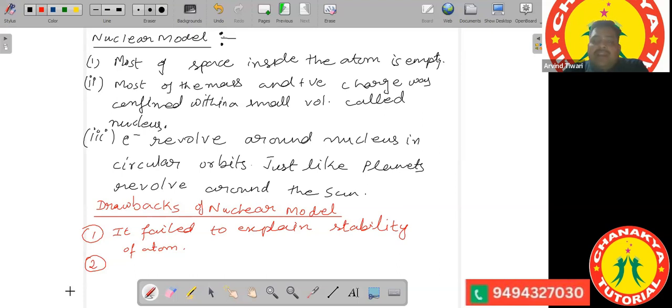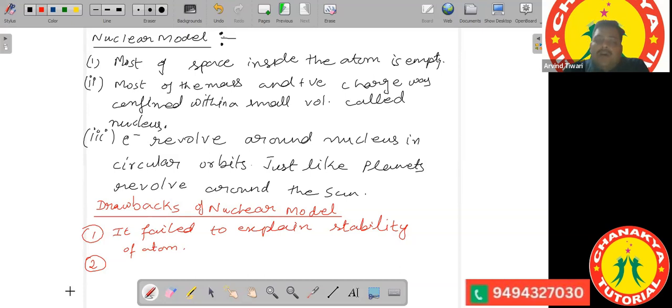In the case of planets revolving around the sun, the centripetal force is provided by the gravitational forces between the planets and the sun. Whereas for the electrons, the force is provided by electrostatic forces. So the two are entirely different. They are not the same thing. One is a movement of charge, the other is a movement of planets, which are neutral.